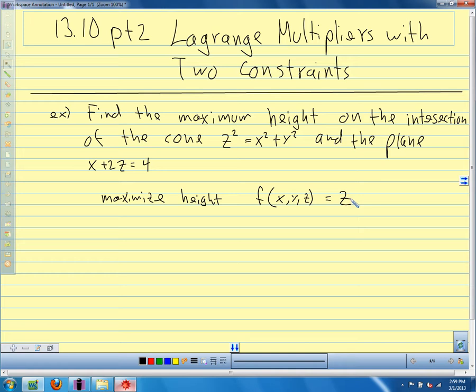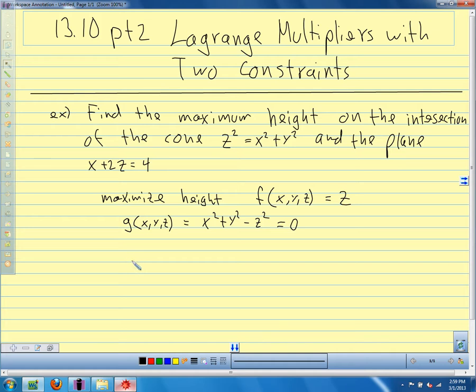That's our height. And our constraint, we're going to say that g of x, y, z, our one constraint, is going to be the cone, and that function is x squared plus y squared minus z squared equals a constant, 0.